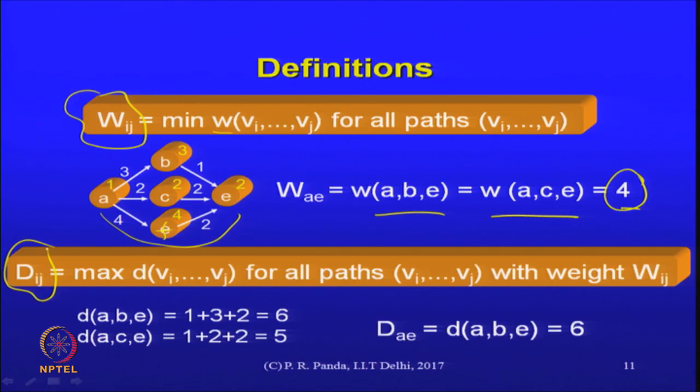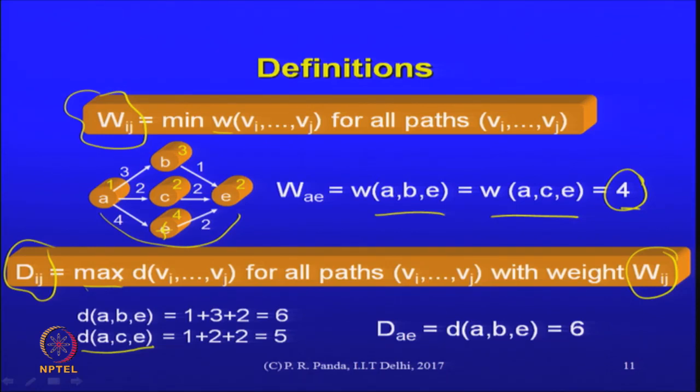Correspondingly, let me define a capital D. Remember, the small d was the path delay from one node to the other. Capital D is defined like this. For all the paths that have weight Wij that we just computed, capital Wij, this is the max of all of those path delays.